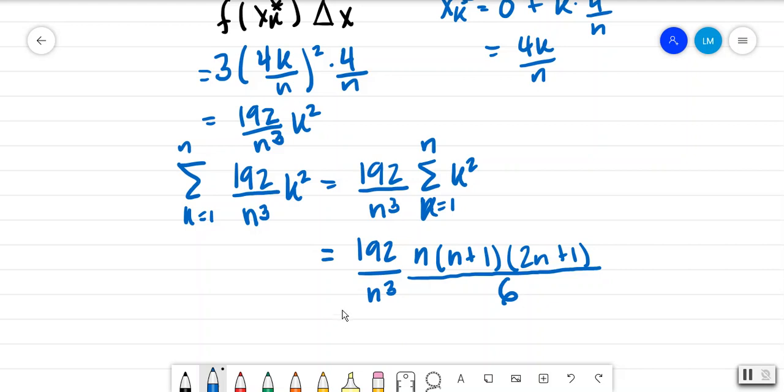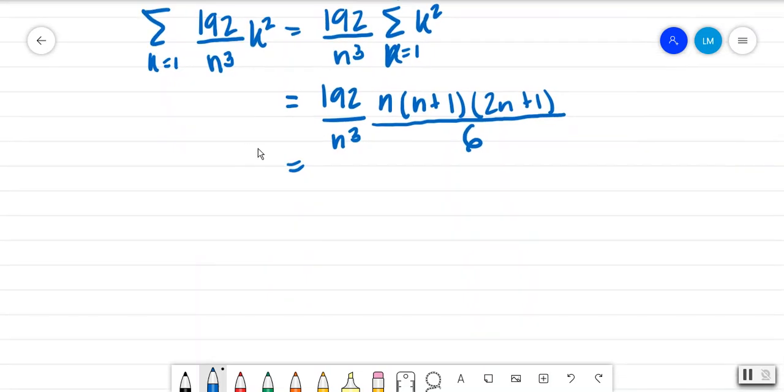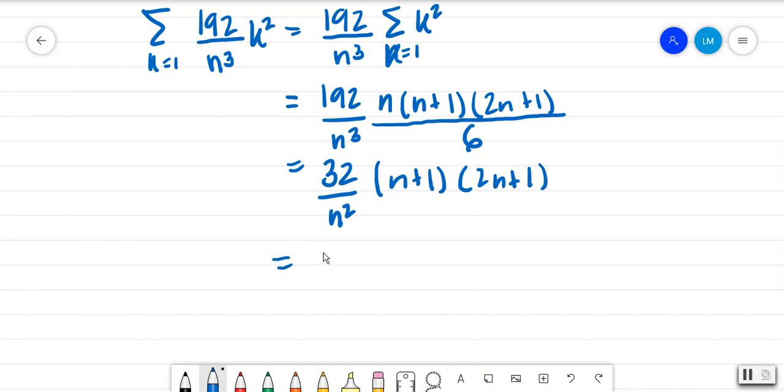Now, notice that we can actually simplify this even further. Because, for instance, 192 divided by 6 is 32. So this is going to be 32 divided by n squared multiplied by n plus 1 times 2n plus 1. But then let's go ahead and distribute the n plus 1.